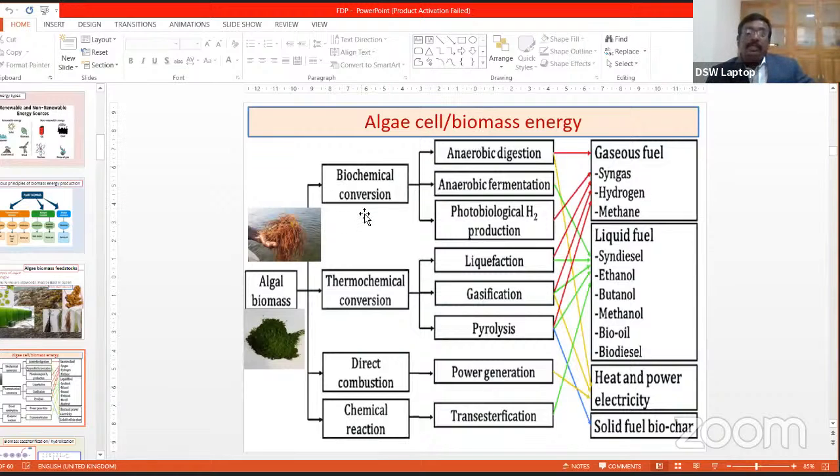In biochemical conversion, through anaerobic digestion, anaerobic fermentation, and photobiological hydrogen production, we can produce fuel, syngas, hydrogen, methane, etc. Through thermochemical conversion, by liquefaction, gasification, and pyrolysis, we can produce gas, ethanol, methanol, biodiesel. All kinds of energy are possible from algal biomass, as from plant biomass.